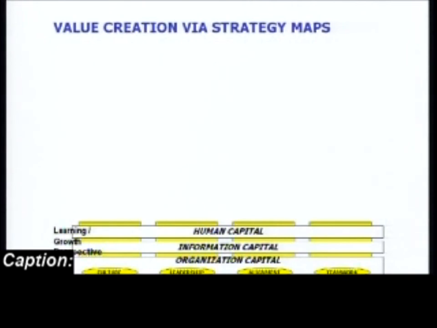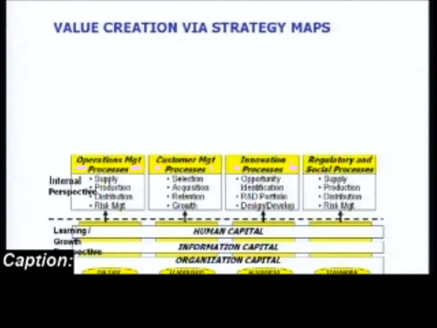Here's an example of a conceptual strategy map. I'm going to build this from the bottom up, and we'll then see how it's read from the top down. At the bottom we have the learning and growth perspective, which looks at human capital, information capital and organisation capital.